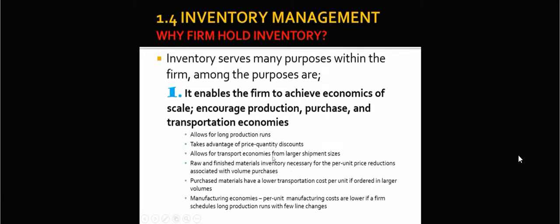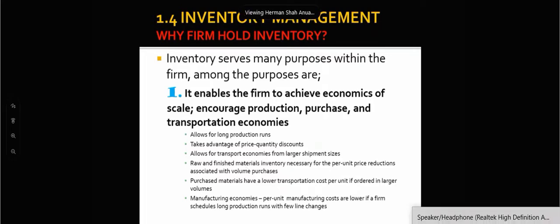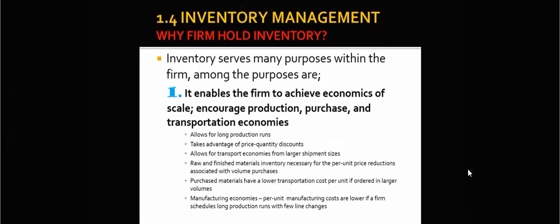We allow for transport economies from larger shipment sizes, and raw and finished materials inventory necessary for the per unit price reductions associated with volume purchases. Jadi kalau kita beli barang dalam capacity yang banyak ni, alright, jadi harga per unit item tu akan berkurang lah ya.